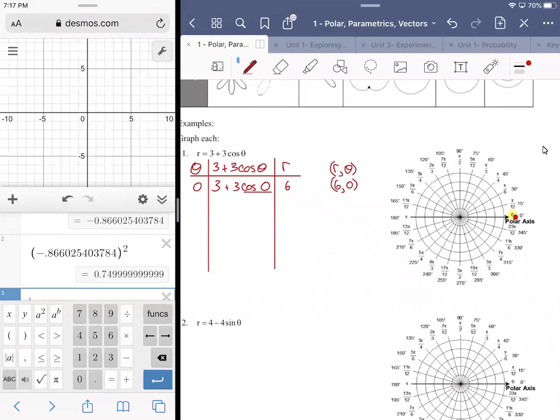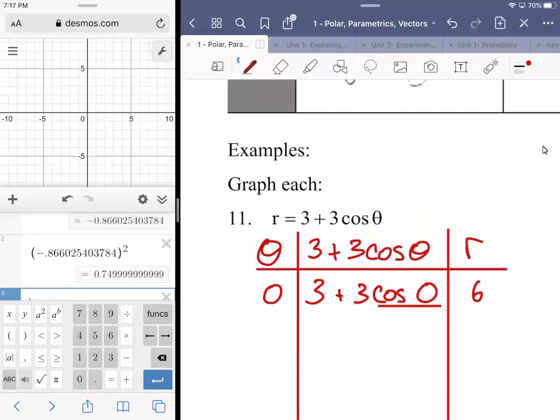So now what I want to be thinking about, because I can go the next one if I want, I can do pi over 12 and pi over 6 and so on. But what I want to be thinking about, at least to get the ball rolling here, would be values of theta that are convenient for the cosine function, right? And that requires a good, solid understanding of the unit circle, right?